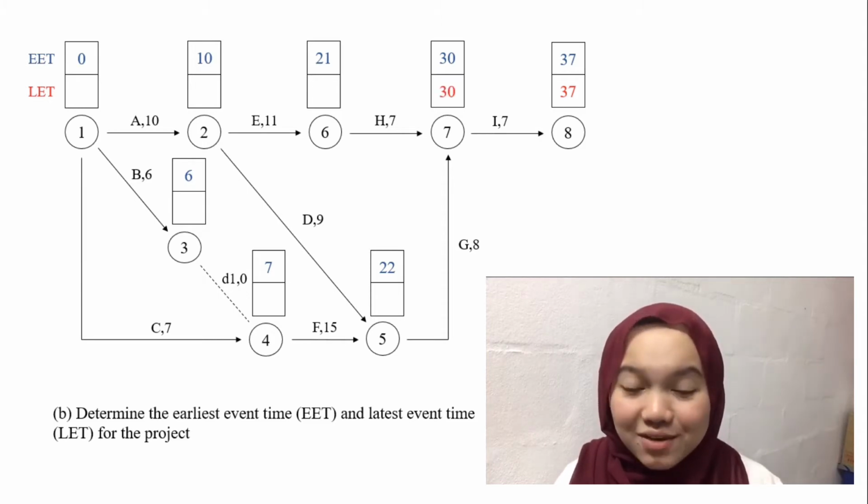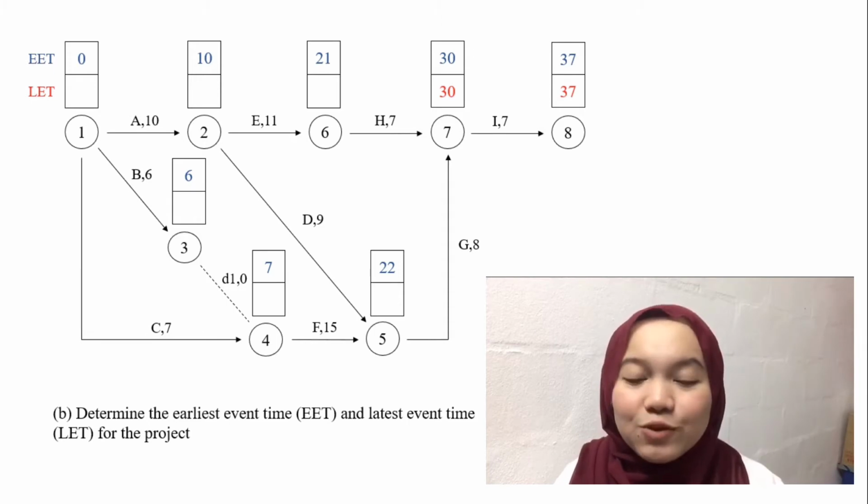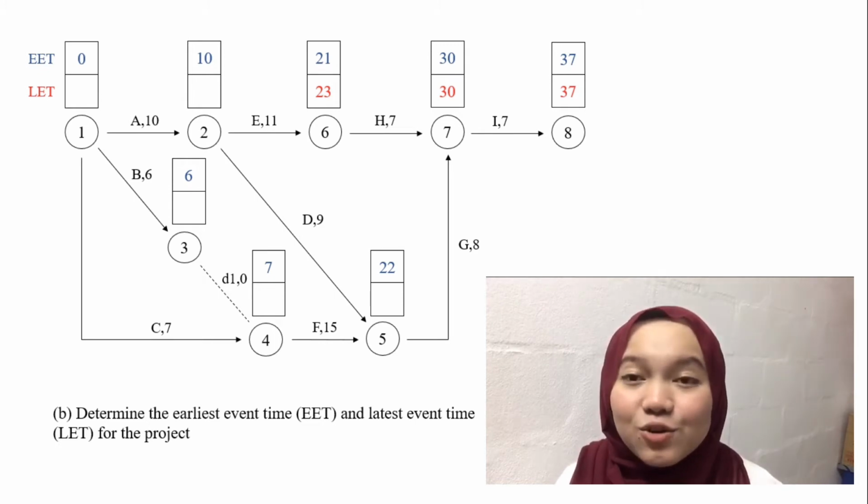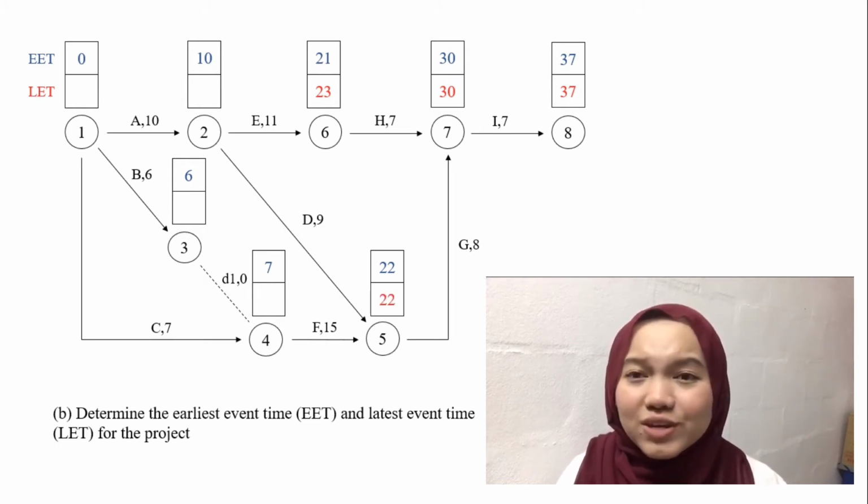From node 7 to node 6, we subtract 7 from 30, which gives us 23. From node 7 to node 5, we subtract 8 from 30, so we get 22. As we can see, there are 2 ways from node 2, which are node 5 and node 6. So we subtract as usual.